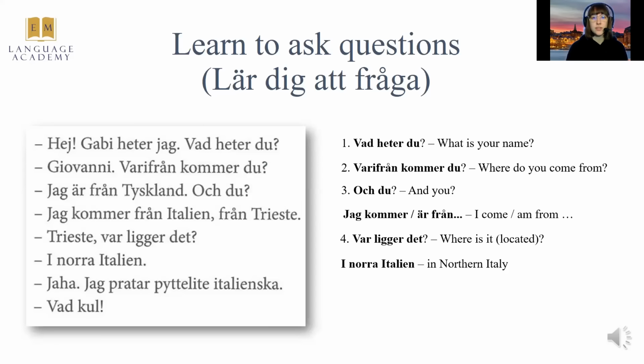I mentioned that there are several prepositions that we use to refer to location or place. Now the main rule is that with countries, regions, and cities, we are always going to be using the preposition i. In norra Italien, we have the name of the country, therefore we use the preposition i.